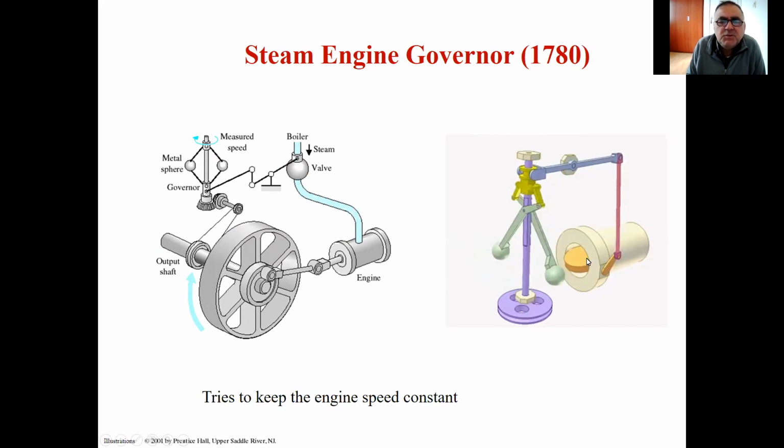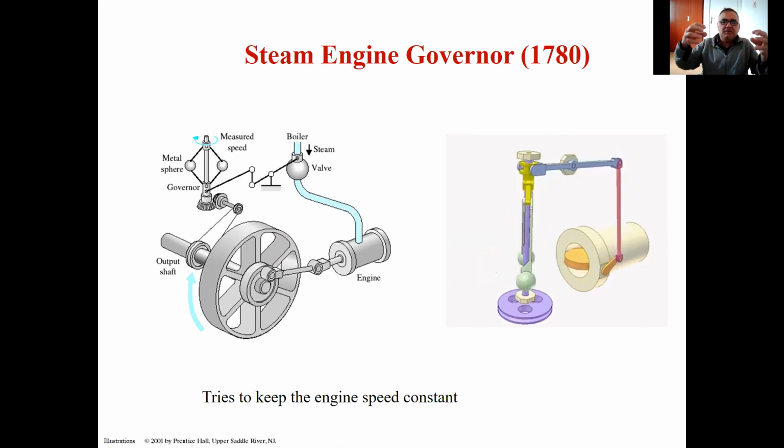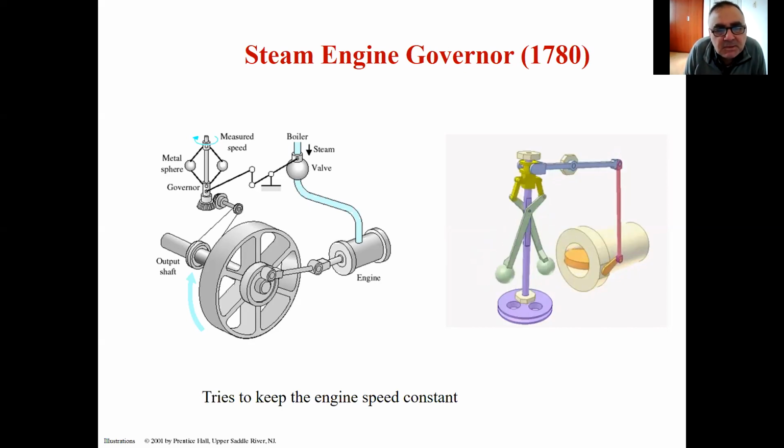If the speed of the governors increases, if the governors open up, the mechanism somehow closes the valve or lets the flow from the valve decrease, because it introduces an obstruction to the steam pipe.